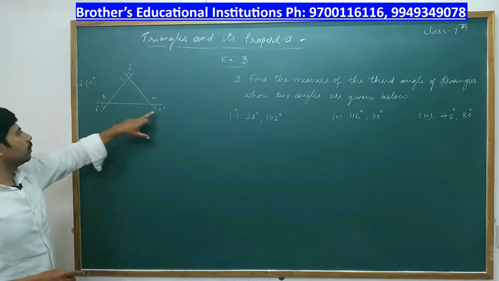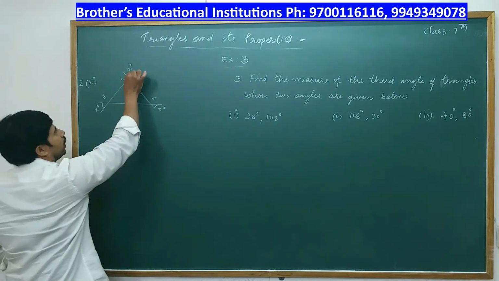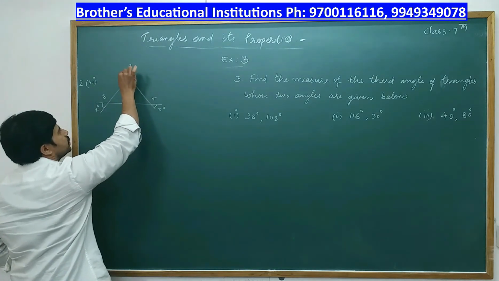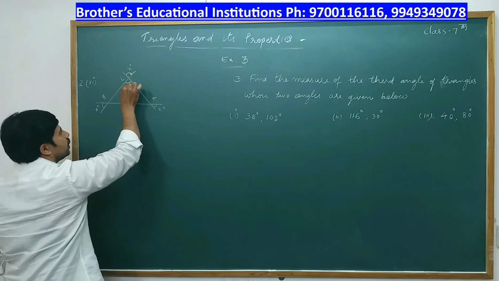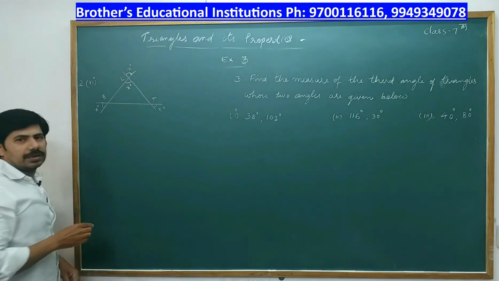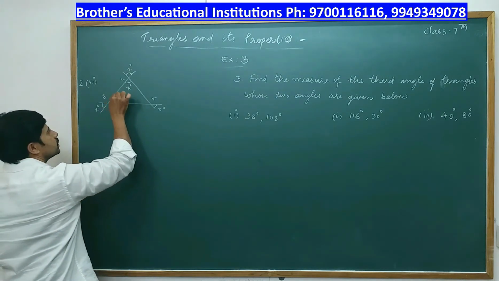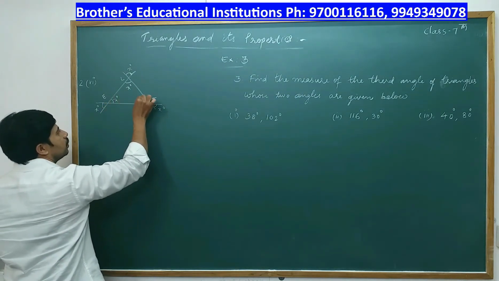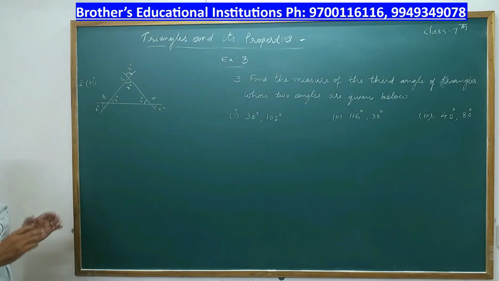Here all the three are exterior angles. If this exterior angle is x degrees, then this is also x. The reason is vertically opposite angles. So all the interior angles are the same, because they are vertically opposite angles.